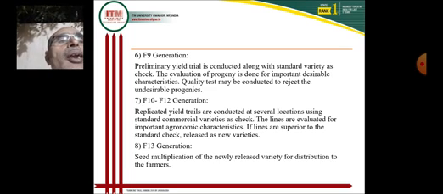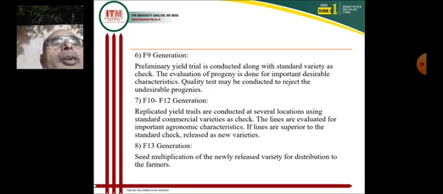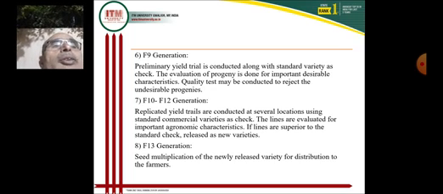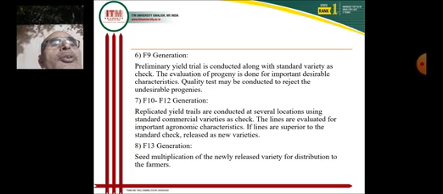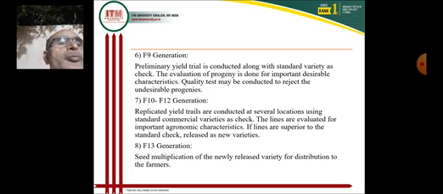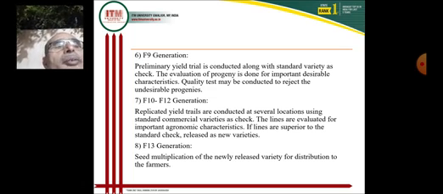Means at different locations the progenies are evaluated with standard check varieties of that local area. The lines are evaluated for important agronomic characteristics. If the lines are superior to the standard check, release as new variety.